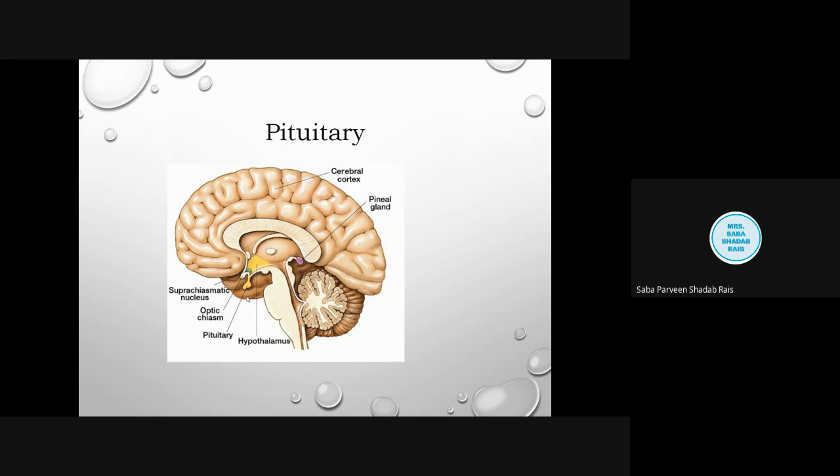Adenohypophysis is the most anterior lobe, and pars intermedia is the middle lobe. And then we have the posterior lobe. As I told you, this is the posterior lobe. It is the extension of the nervous system, and it is called the neurohypophysis. Why is it called the neurohypophysis?